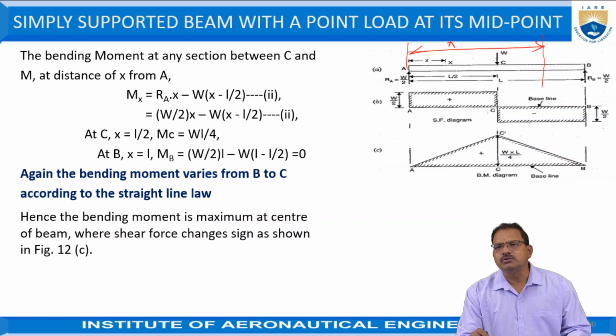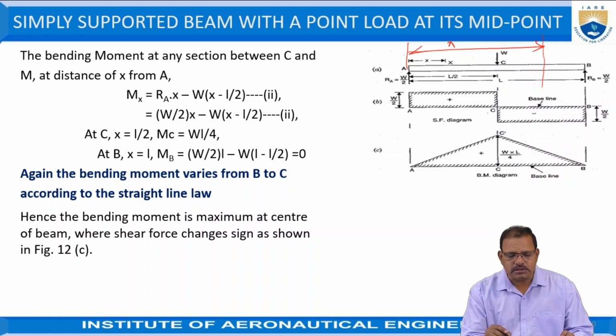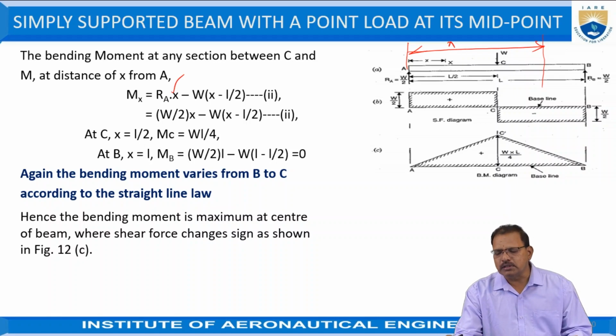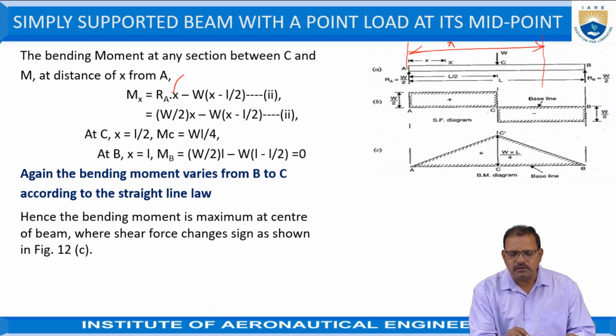It tends to deflect the beam in the form of concavity, and it is treated as positive. But here the point load is also there. It tends to rotate the body in the form of convexity at the top, which is treated as negative. Hence it is equal to minus W by 2 into the distance x minus L by 2.